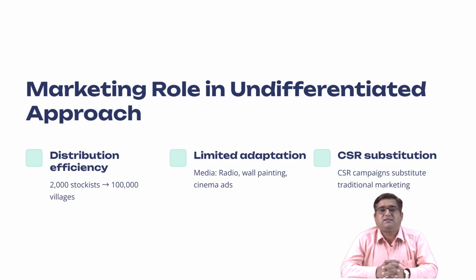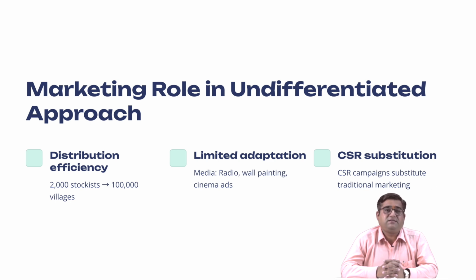These initiatives were not just about social good. They were also highly effective marketing strategies. In fact, they often worked better than commercial advertising in building trust and brand presence in rural areas. Now, let us discuss the role of marketing in the undifferentiated approach. In this approach, marketing is not deeply customized.